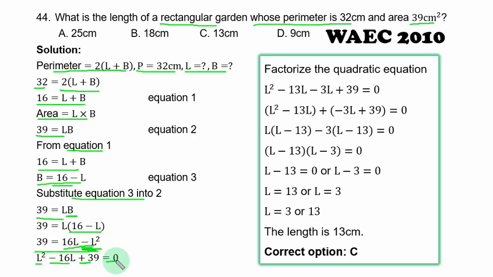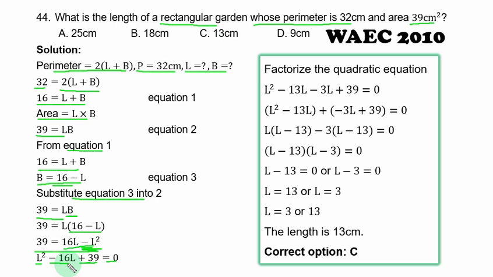Factorize the quadratic equation. Look for two factors of 39 whose sum is minus 16 and the product is plus 39. You have minus 13 minus 3.